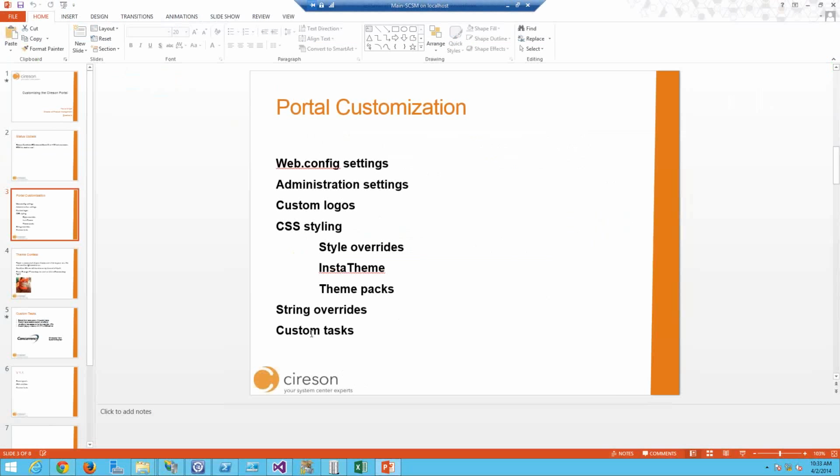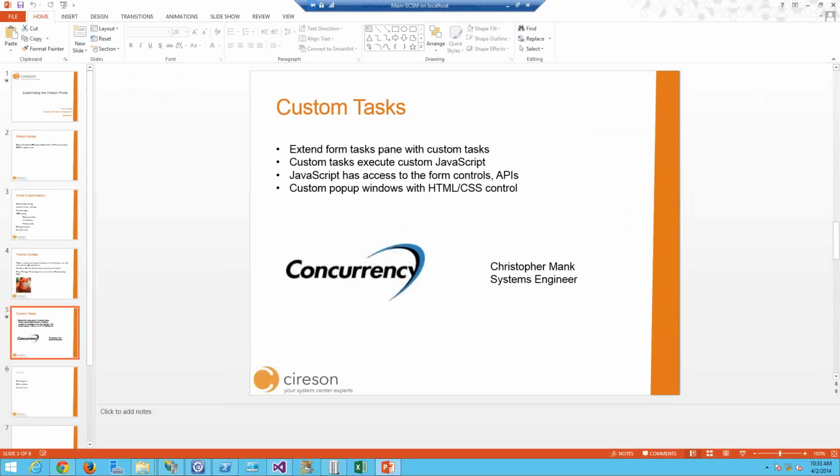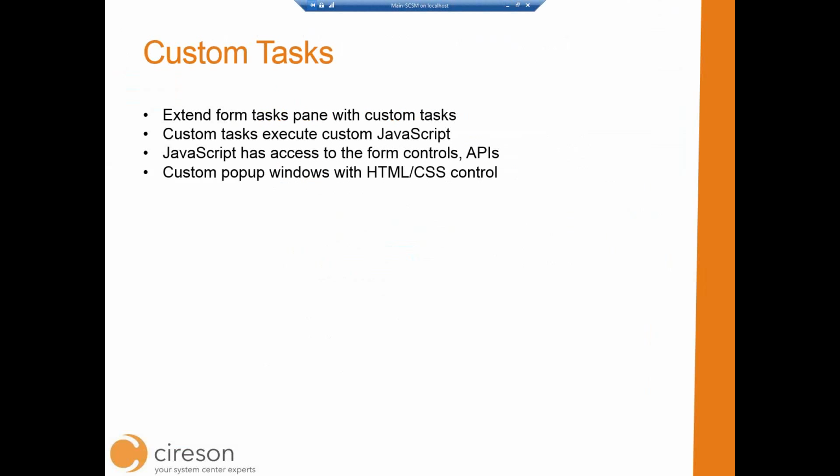Okay, next we're on to custom tasks. With custom tasks, I want to talk about the idea behind this. What we want to do is enable people to have the flexibility of creating extensions to the portal to do custom things. And what we're going to start out with here is the ability to add custom tasks to the task panel on the forms inside of the portal.